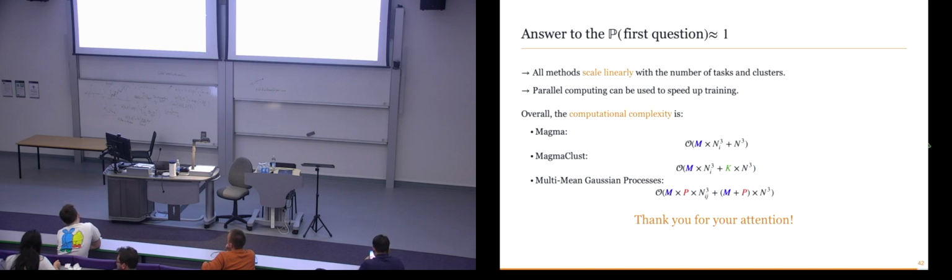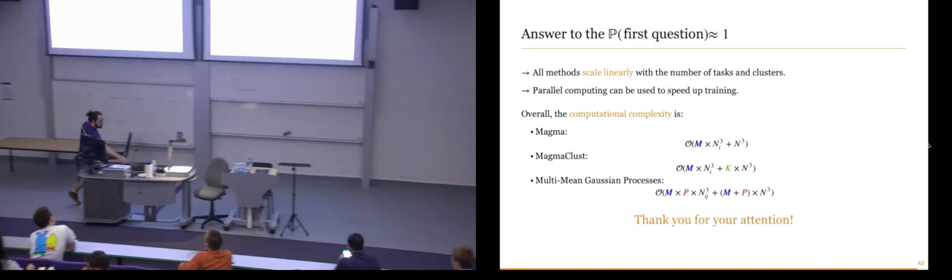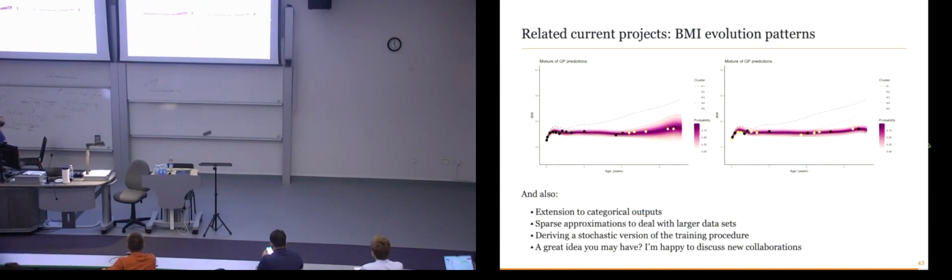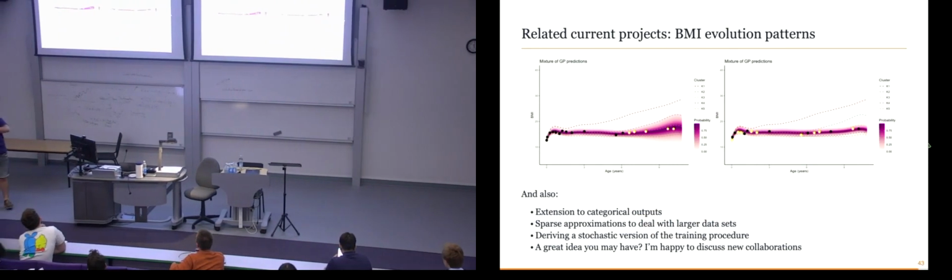I have a few projects currently, no slide, extension to categorical inputs, so when you don't have outputs that live in R, but just categories. Sparse approximations, that's crazily difficult, but I've finished the calculus, I think.